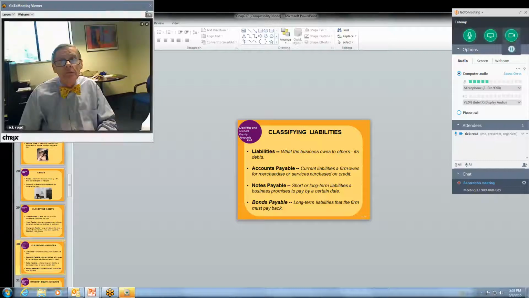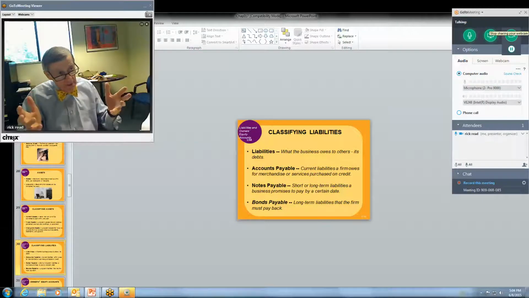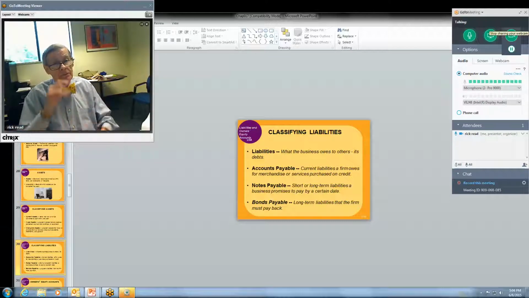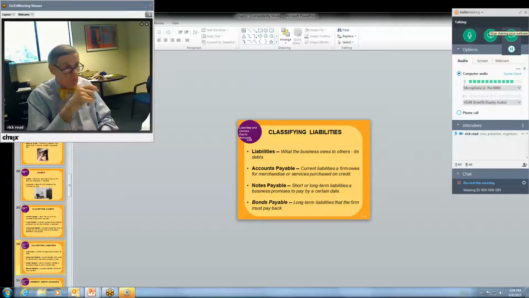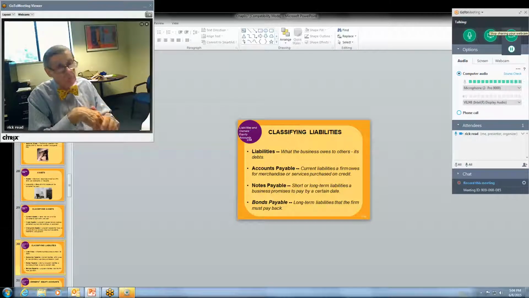Now, we talked about assets, and when we talk about assets, we have to talk about liabilities. So we have to classify liabilities. The first liability is what I, as a business owner, owe to someone else. Call that debt. That's the best way to say that. Accounts payable. This is what I owe for merchandise that I bought on credit. Now, what is credit?